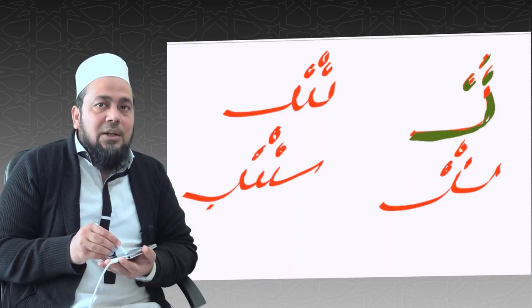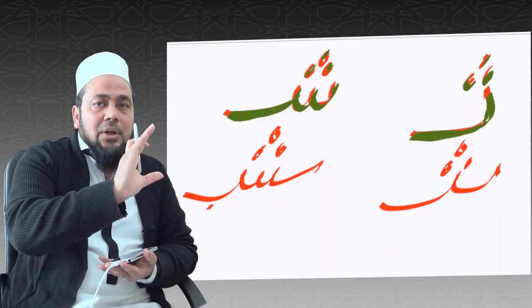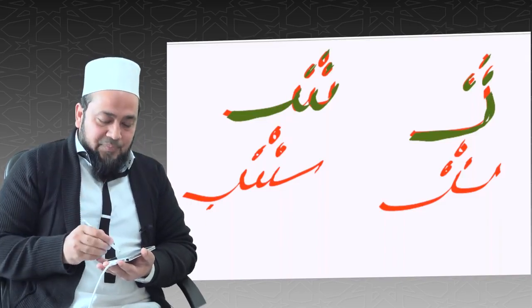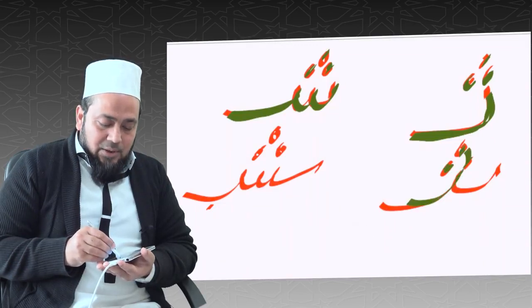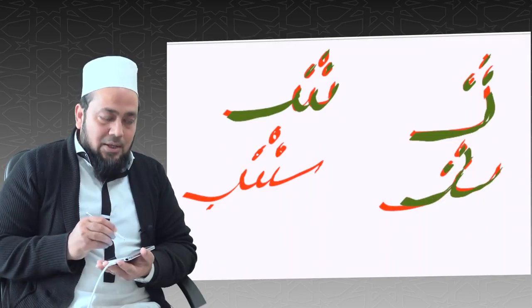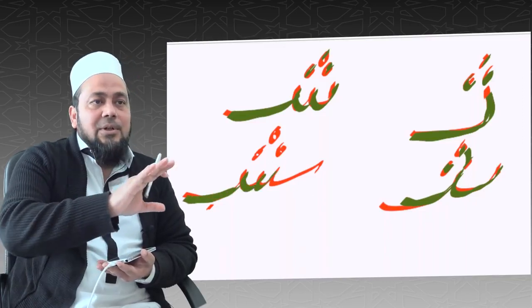You can see one line for Sa, and underneath the three dots, three lines for Shin. Again, one line for Sa and three lines for Shin.